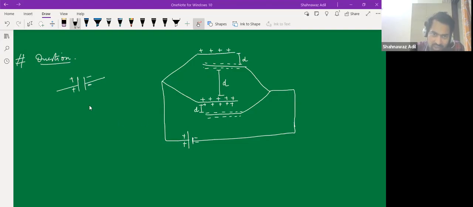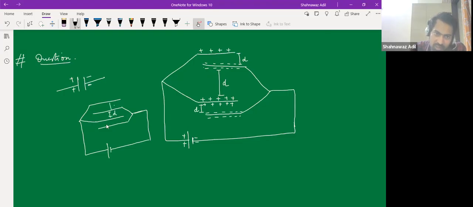So the figure is like this. This is connected to the positive one, and this is connected to the negative one. Now you see that this distance is the same, this distance is the same, and this distance is the same. Understood this figure?